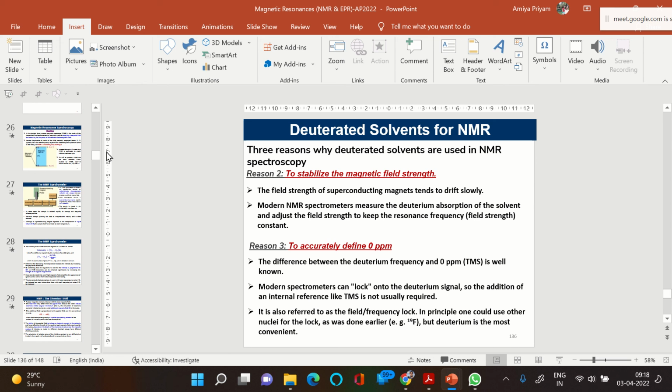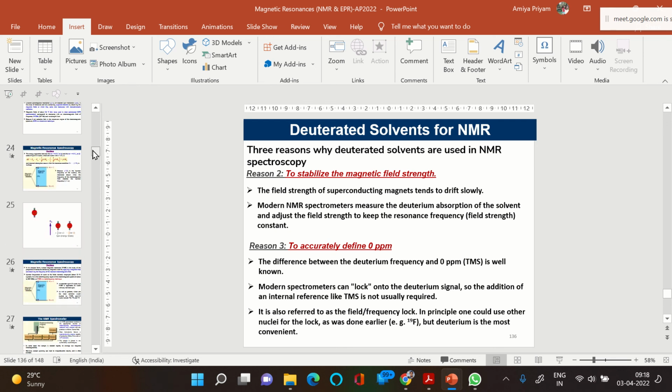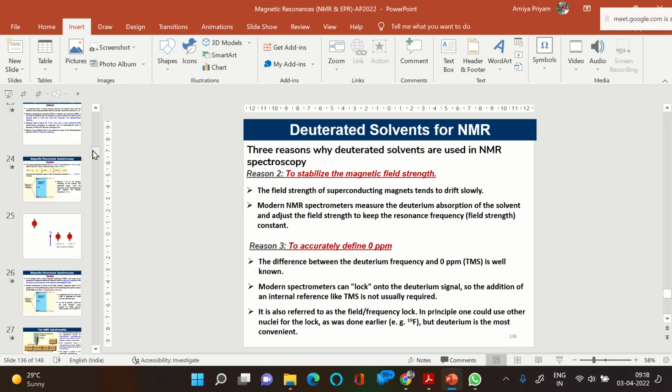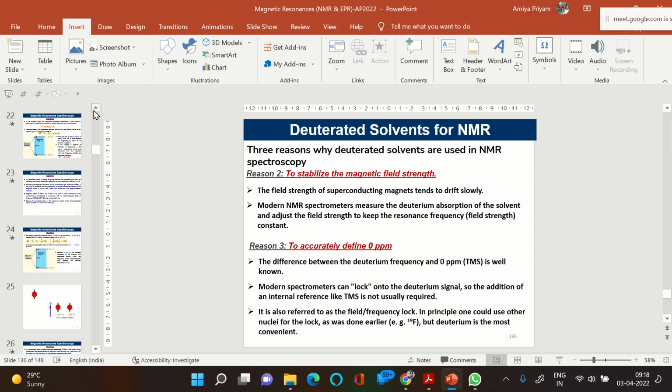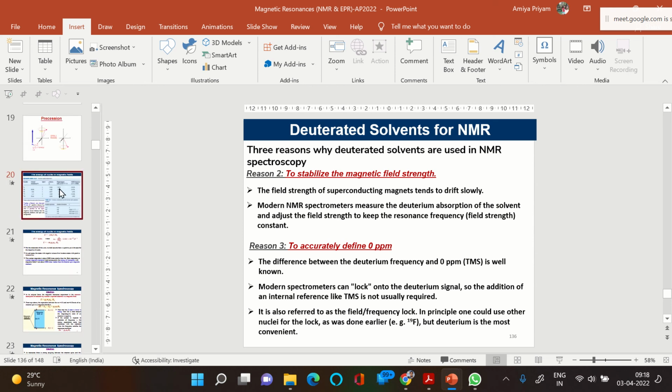When pairing is done in the nuclear shell structure, it is proton with proton and neutron with another neutron, not neutron with proton. So it is wrong to say that it is not magnetically active.